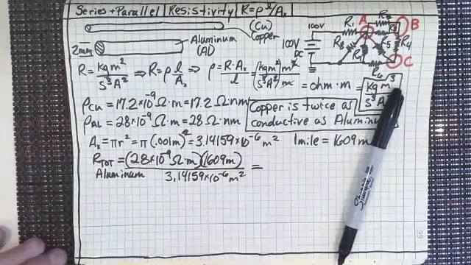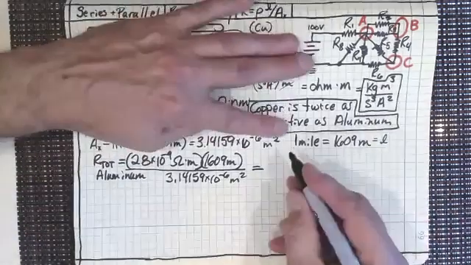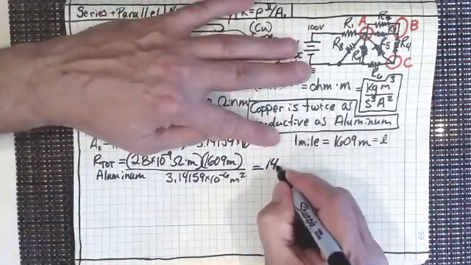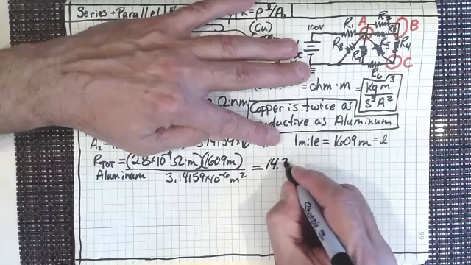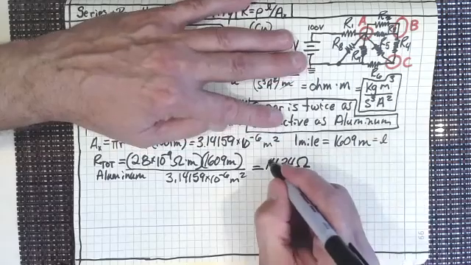And that's going to give us, well, I'll pop it in here, 28 times 10 to the minus 9 times 1609 divided by 3.14159 to the minus 6 equals 14.34 ohms.